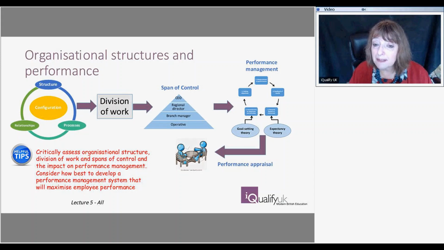Or expectancy theory, which was much more about performance management. The results of performance management was much more about the rewards that you were going to get as a result of doing the work.